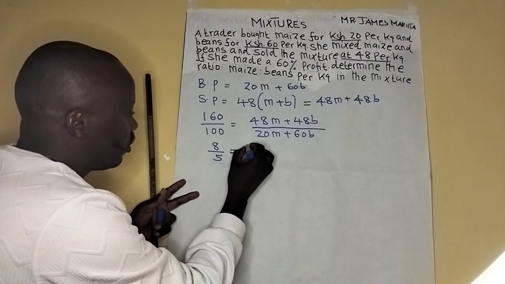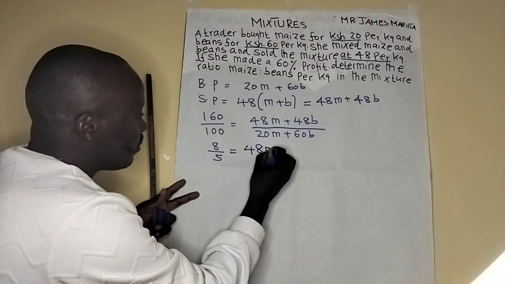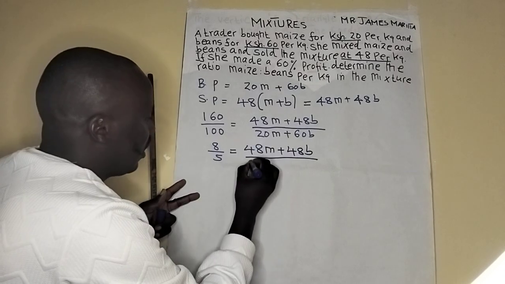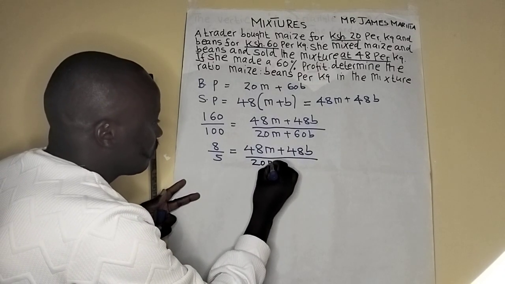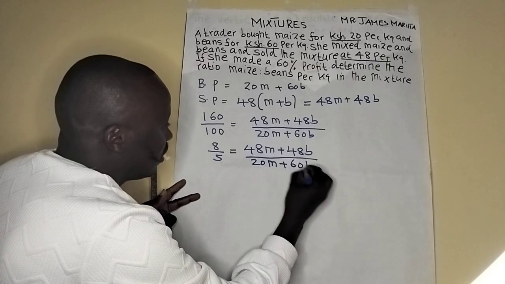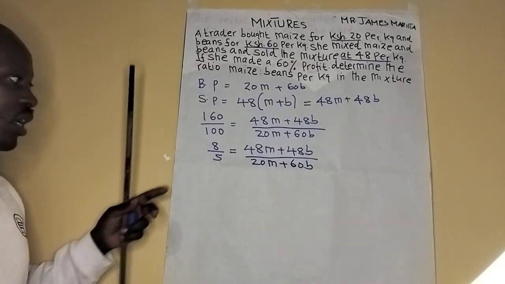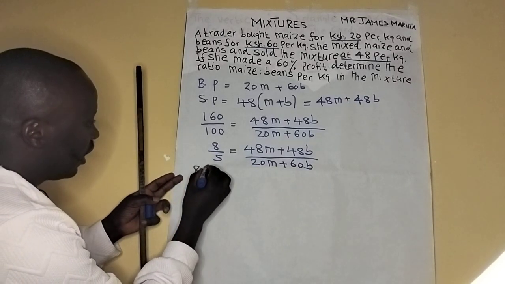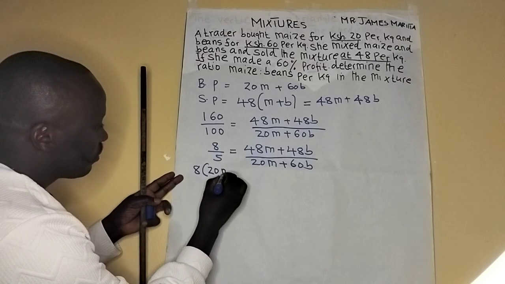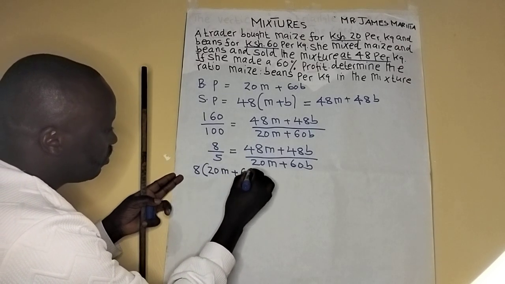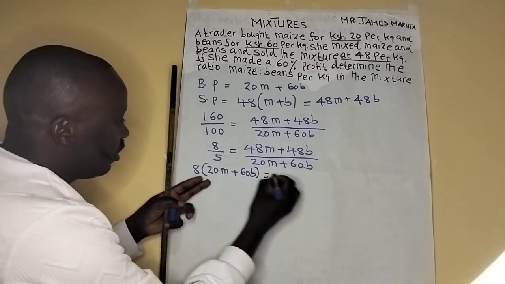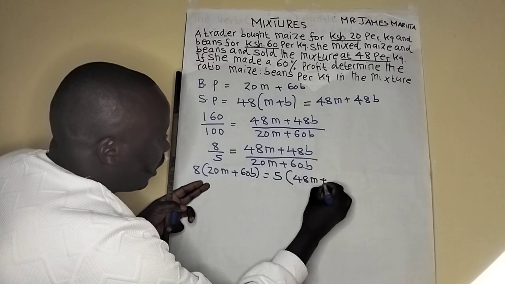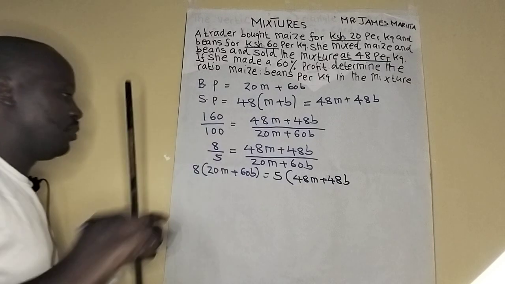Therefore, this is equivalent to 48M plus 48P, divided by 20M plus 60P. We can do a cross multiplication here. So we have 8 into 20M plus 60P is equivalent to 5 times 48M plus 48P.